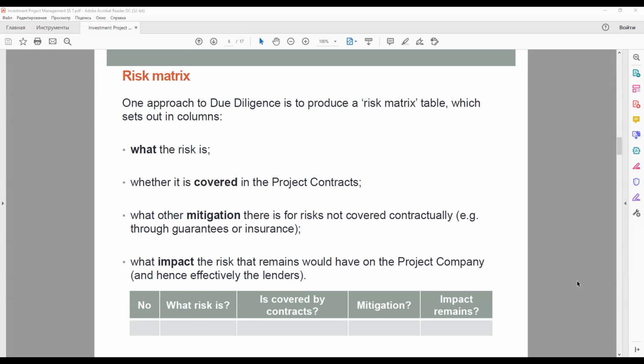The final effect of risk allocation within the project agreement will be reflected in the classification of risks as compensation events, excusing causes, or relief events.